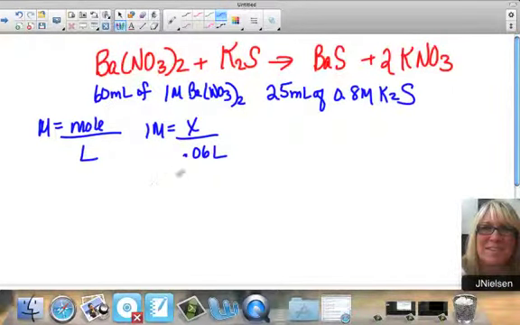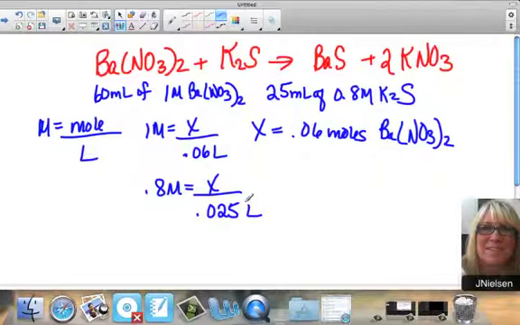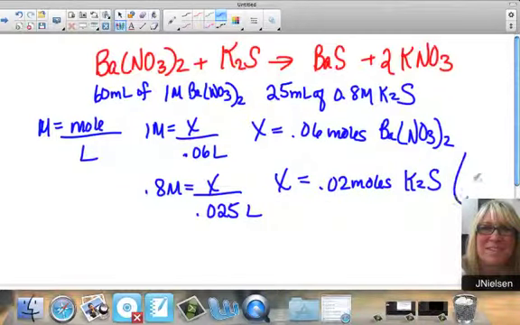So this is going to give me X equal to 0.06 moles of BaNO3, and I also have 0.8 molar equals X, and this is 25 mils, 0.025 liters. So I'm going to have 0.8 times 0.025, which gives me 0.02 moles of K2S. So this is my limiting reagent.